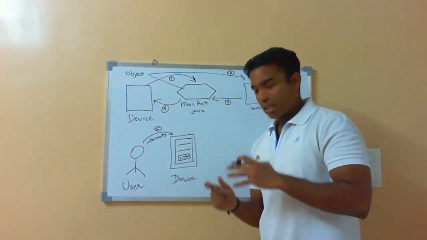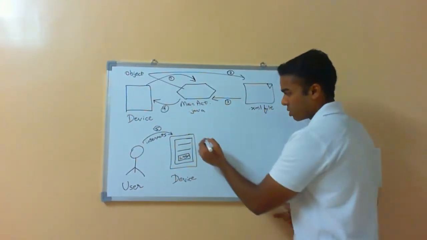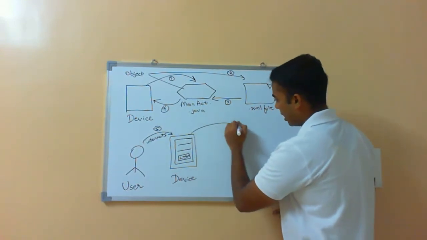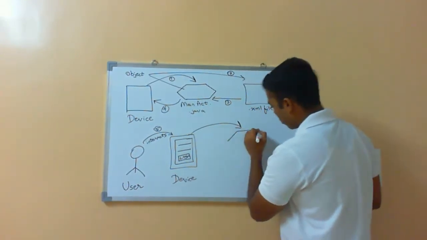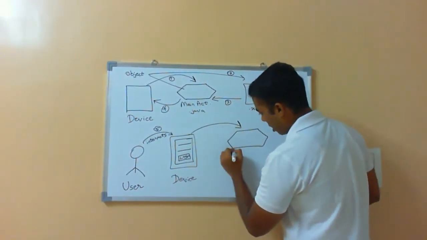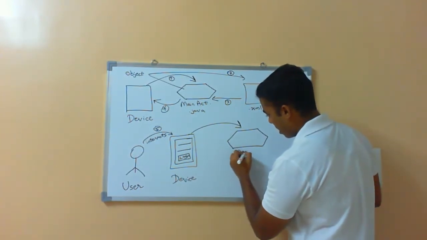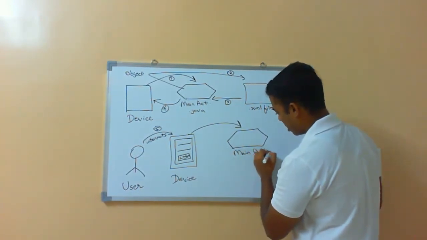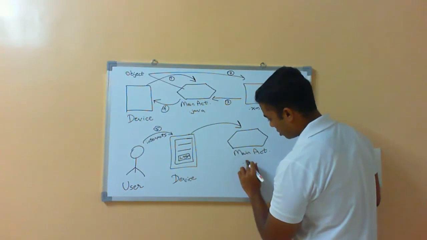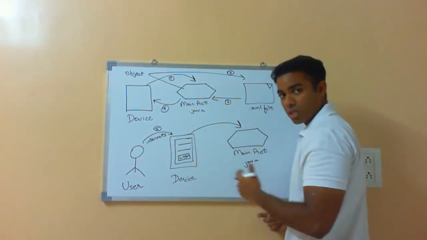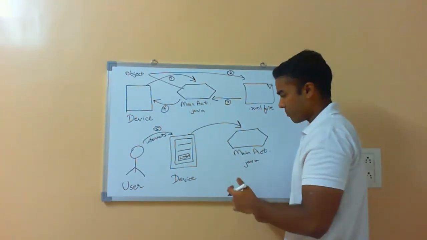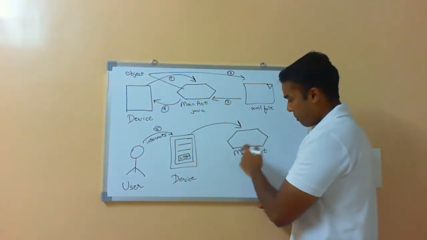Now where do all these things happen? When you enter your details, it goes to your main activity .java. The background processing, or the entire interaction processing, happens here in your main activity.java.